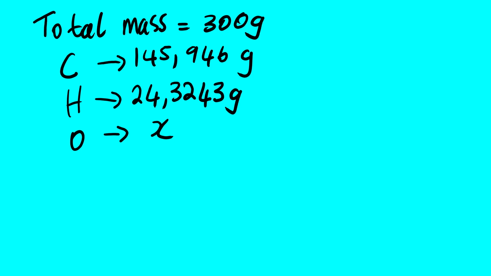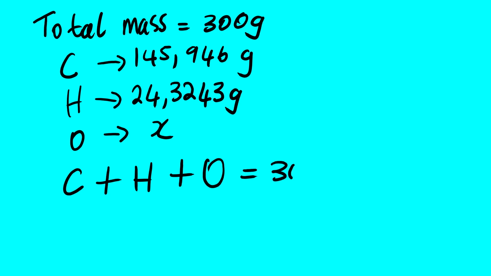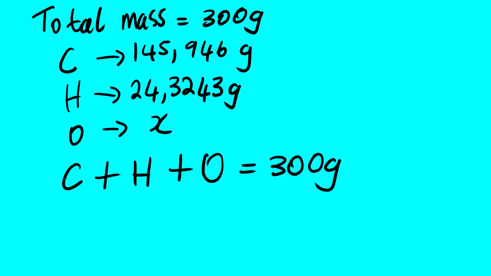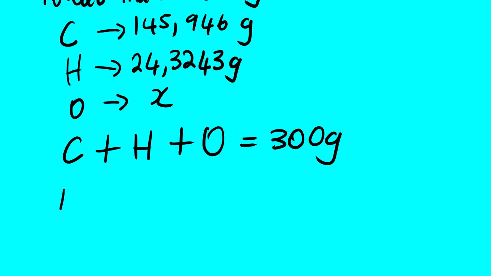Like the previous question, we need to work out the mass of oxygen. We know that the mass of carbon plus the mass of hydrogen plus the mass of oxygen sum up to 300 grams.